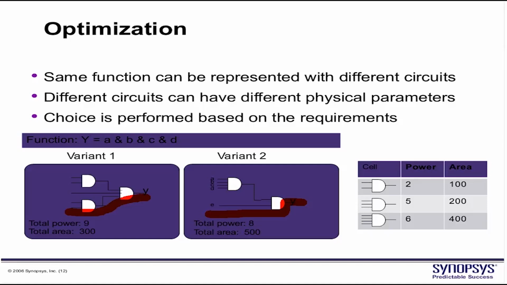The table here shows the representative power and area numbers for cells. So obviously a 2 input AND gate will have the lowest power and the lowest area. A 3 input will have more power and more area when compared to the 2 input. Again, as we keep increasing the number of inputs in a gate, the power and area keep on increasing.